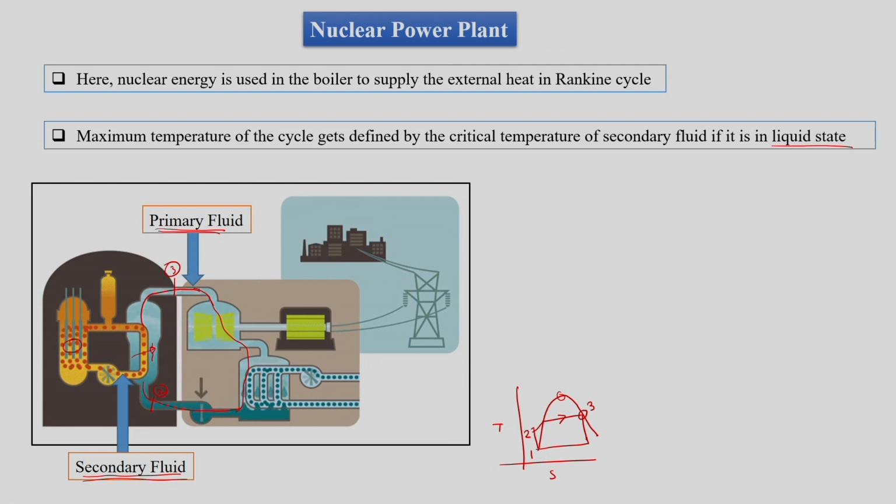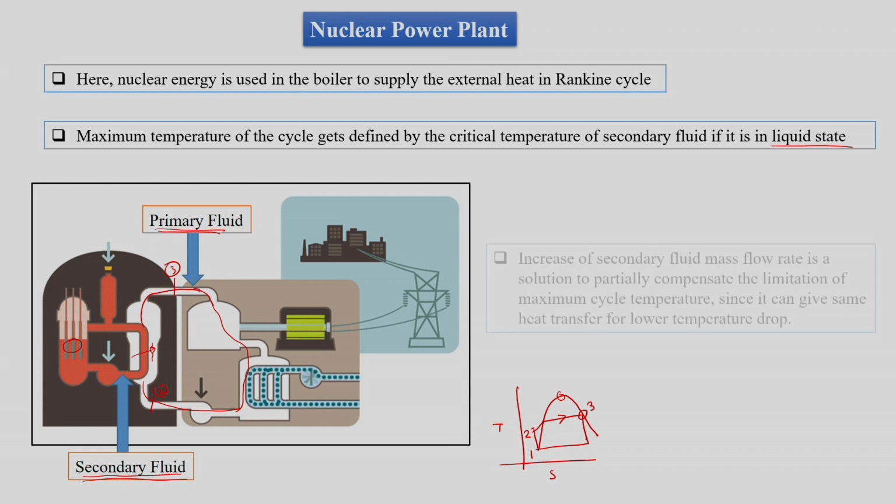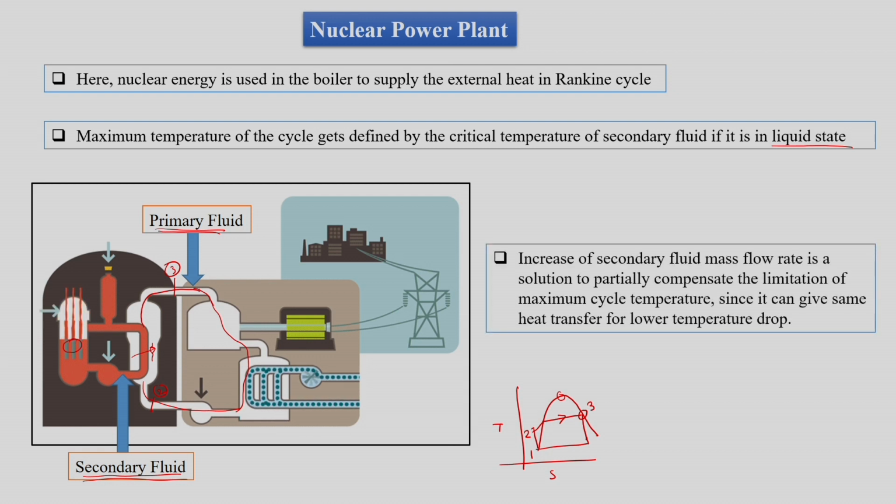So, if we are trying to use liquid in case of nuclear power plant, then we have to be watching out with the critical condition of that liquid, beyond which we cannot have cycle's T max. But what we can do, the same amount of heat we can gain if we try to increase the mass flow rate of the same secondary fluid.